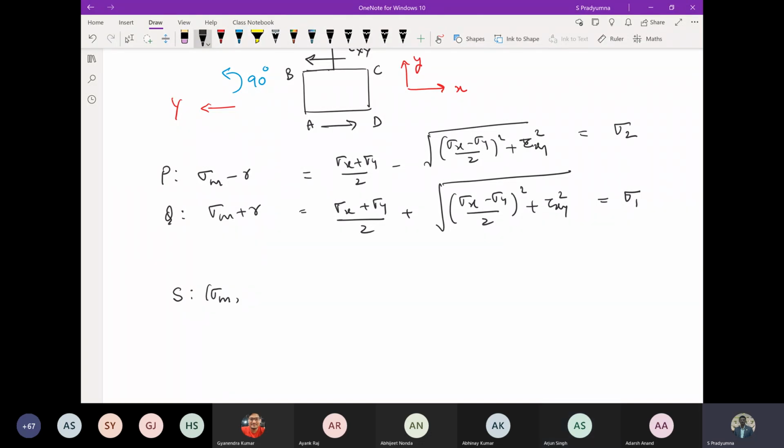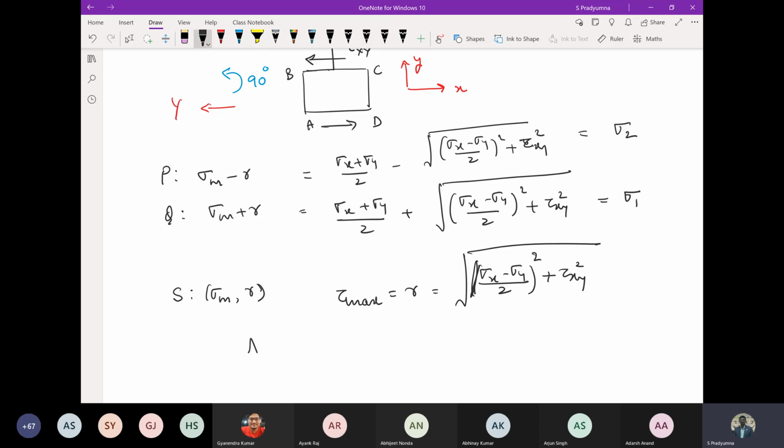So that means tau max is equal to r, because it's on the vertical tau axis, that is equal to square root of (sigma x minus sigma y by 2) square plus tau xy square. So this is the maximum r, it can be the minimum also if I take minus.